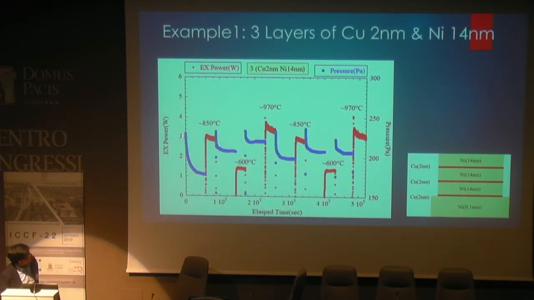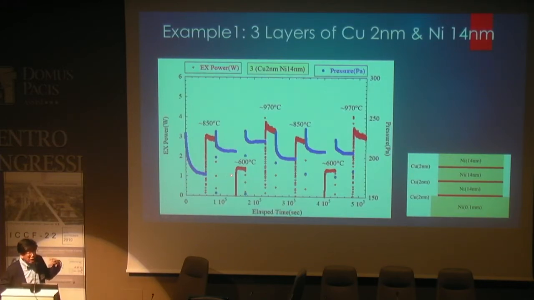And at this point, we start hydrogen absorption here. As you can see, this axis means the pressure. Blue is the pressure, and the red is excess power. As you can see, pressure goes down, so this sample absorbed hydrogen like this.